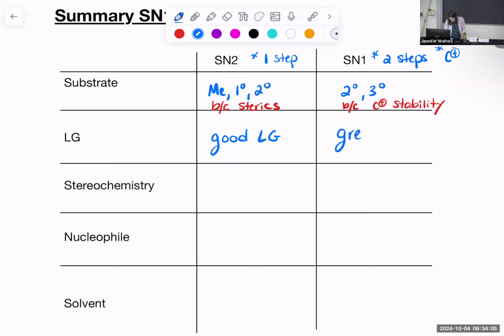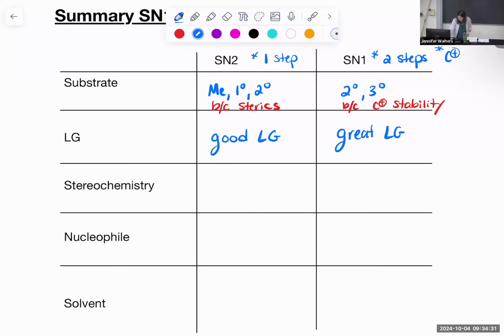SN1 needs a great leaving group because that is the only thing involved in our SN1 rate determining step. So the substrate and the quality of the leaving group, those are the only two things we are considering in the speed of our SN1 reaction. So you need a really good leaving group so that it can happen more readily.